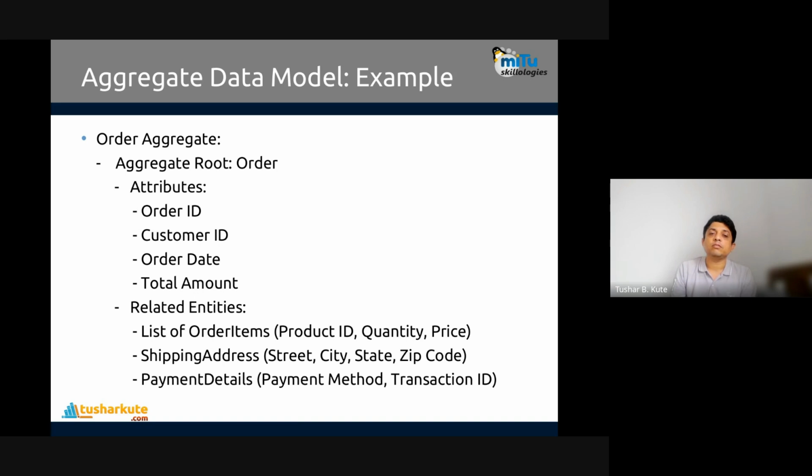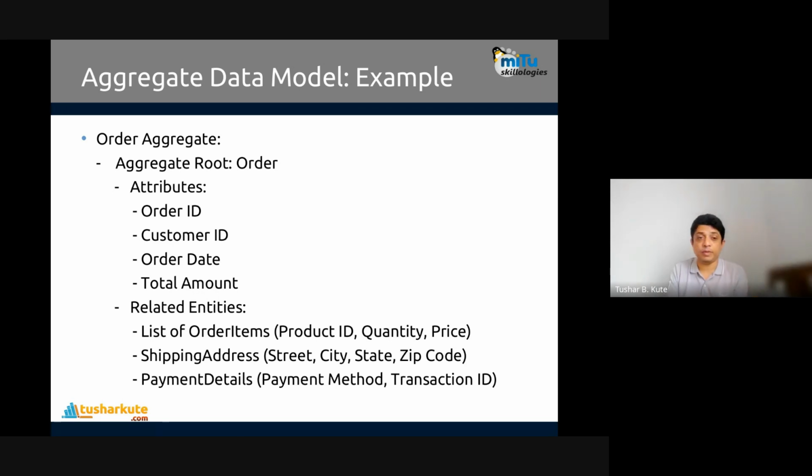Order ID, customer ID, order date, total amount, whatever will be there. And related entities will be order items: product ID, quantity, price altogether. Then we'll have shipping address. Under that again entities will be there: street, city, state, zip code, phone number.